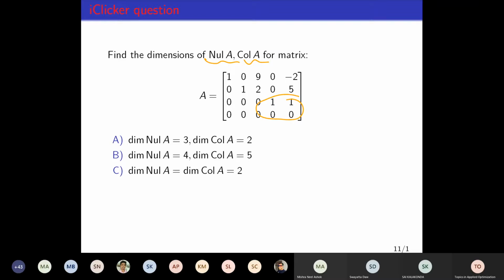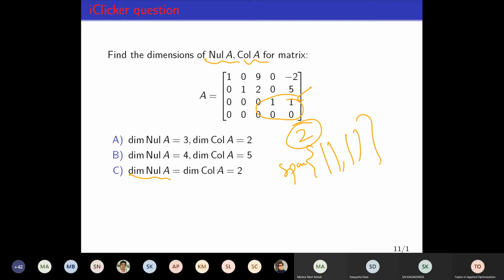The number of free variables tells us the dimension of the null space of A. So the dimension of the null space of A would be 2, from our previous working on the same matrix. Remember, the null space for this example was 2 vectors using S and T. So those 2 became the dimension of the null space.